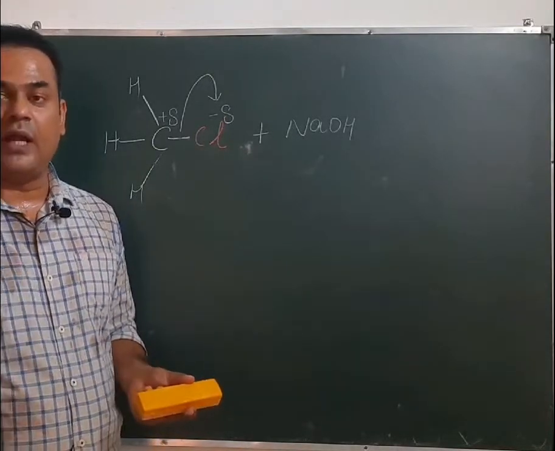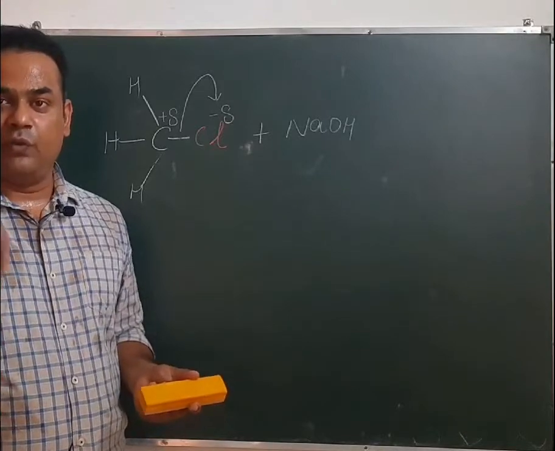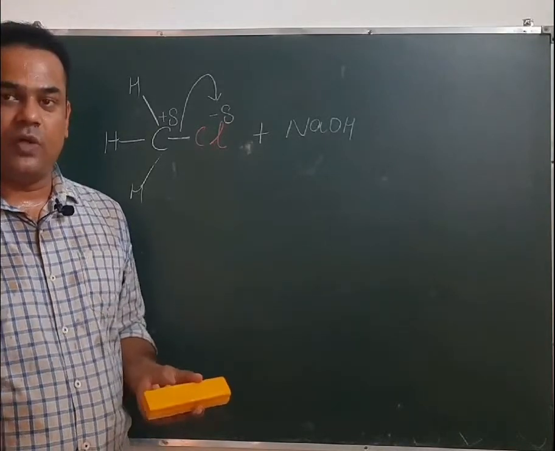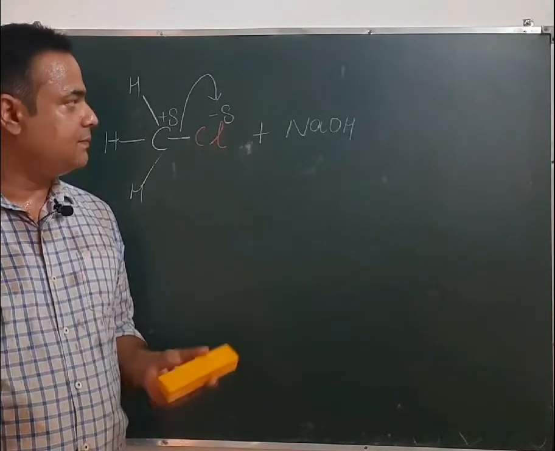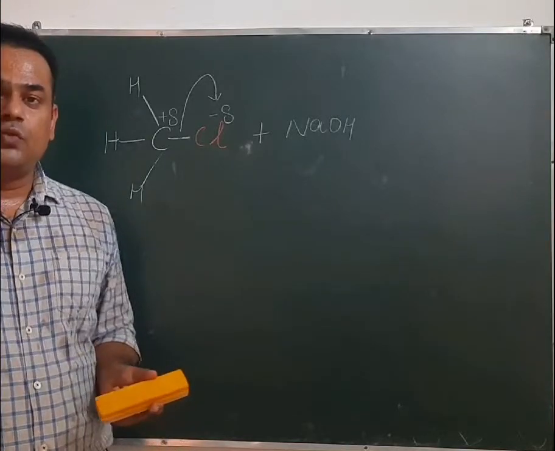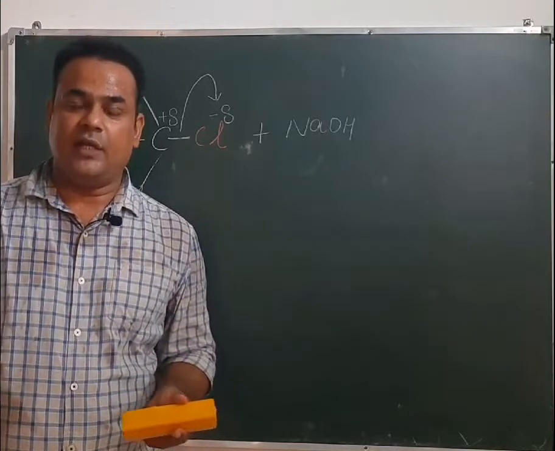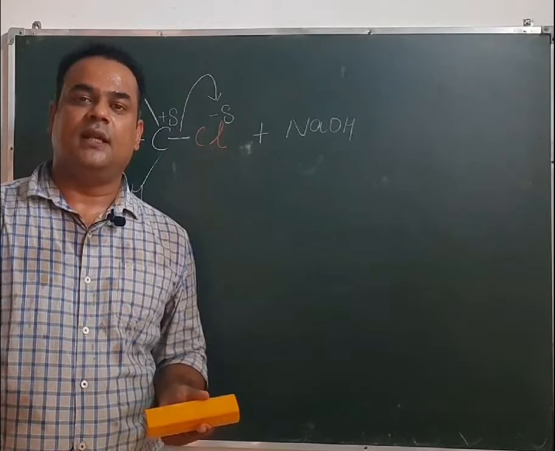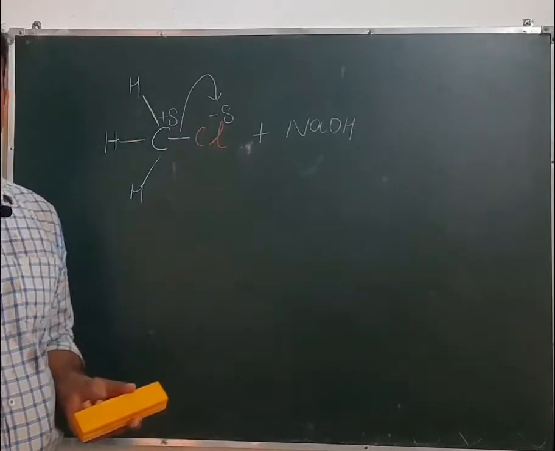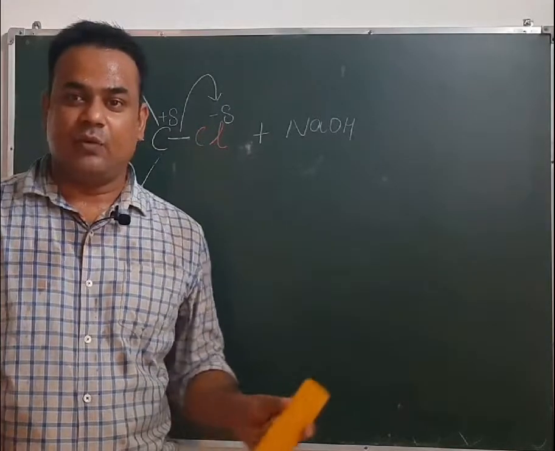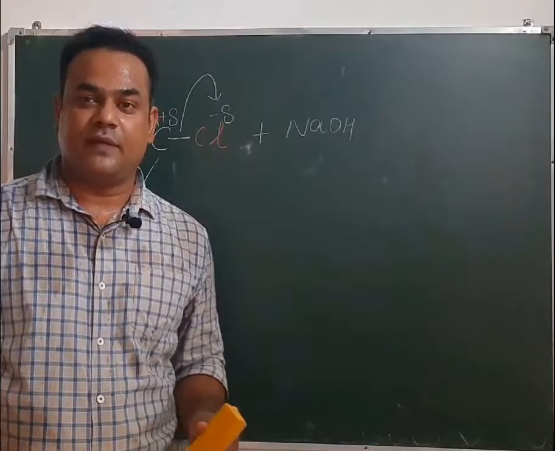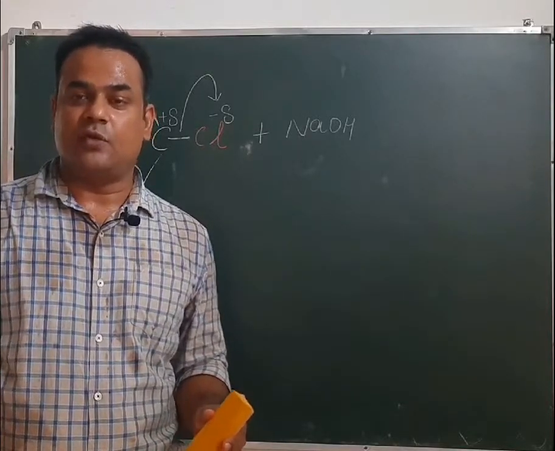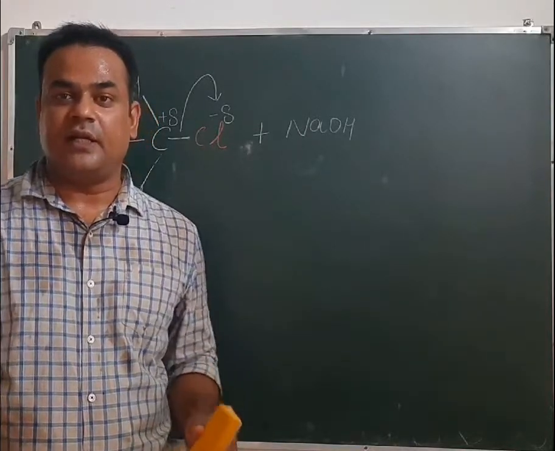If you keep it in your hand for a few seconds, it will absorb moisture from the atmosphere. So two words are there, hygroscopic and deliquescent. Generally students get confused with these two words and think that both are the same, but both words are different in chemistry.